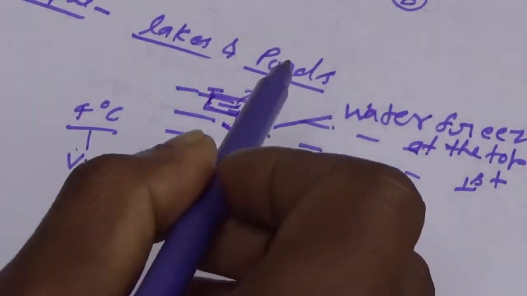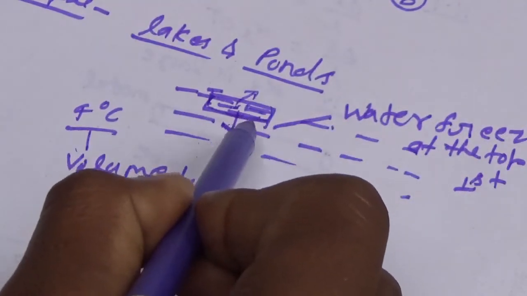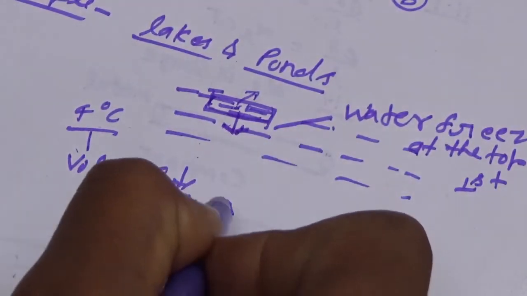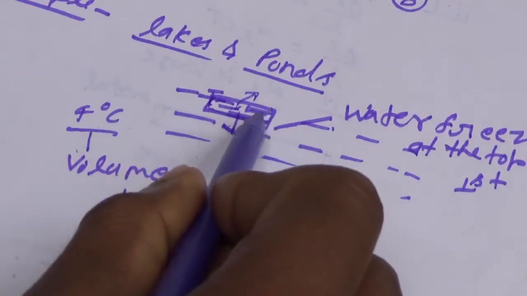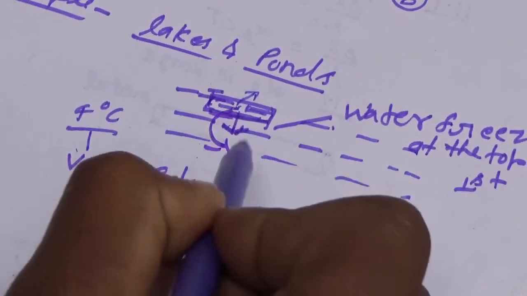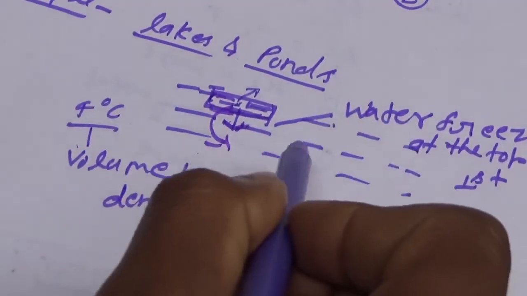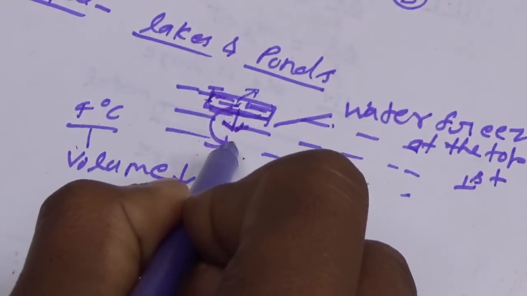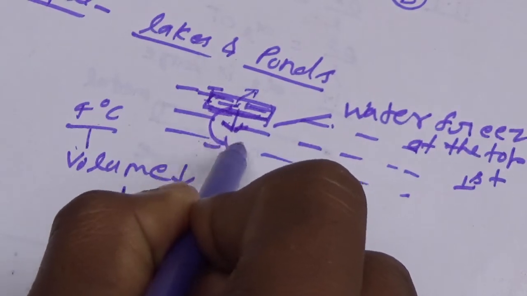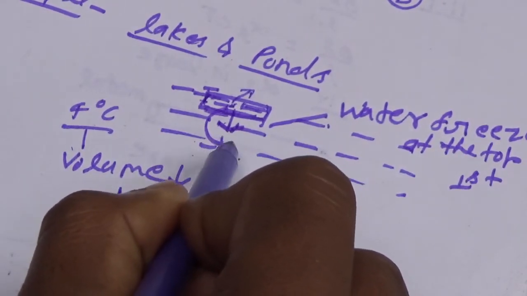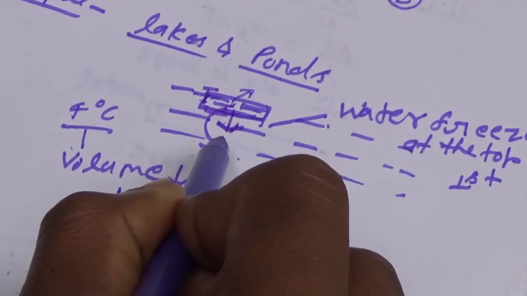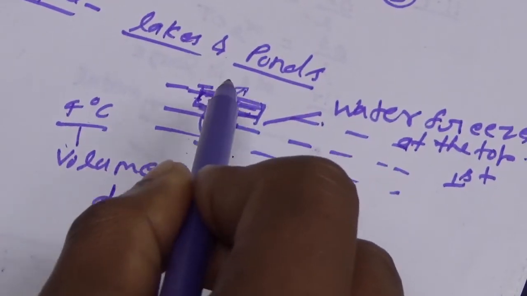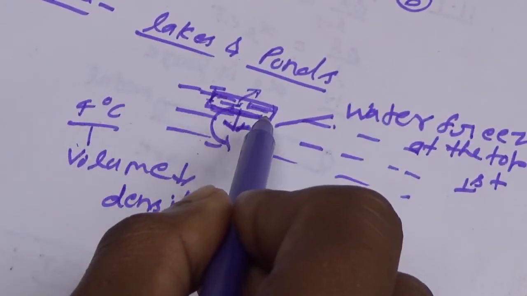You can say very easily, if the density of liquid increases, this amount of liquid will go inward, and some amount of water from the bottom will go to the top surface.